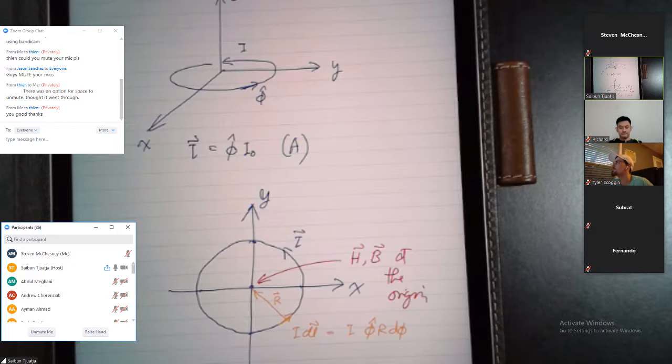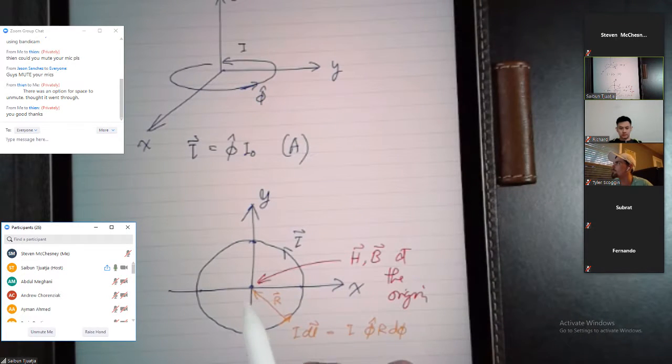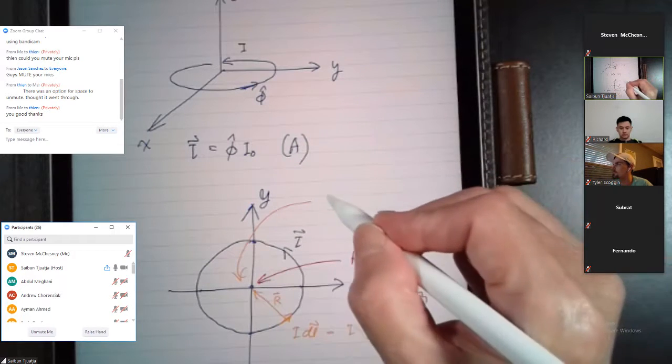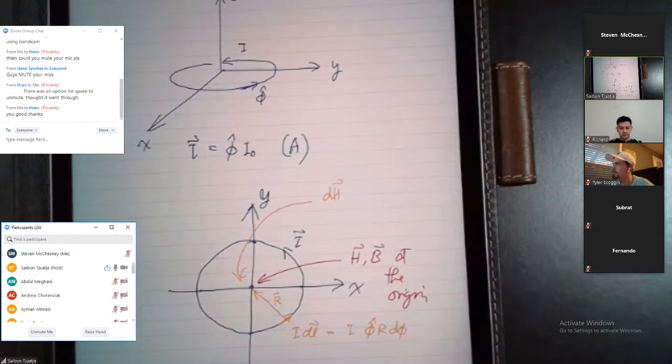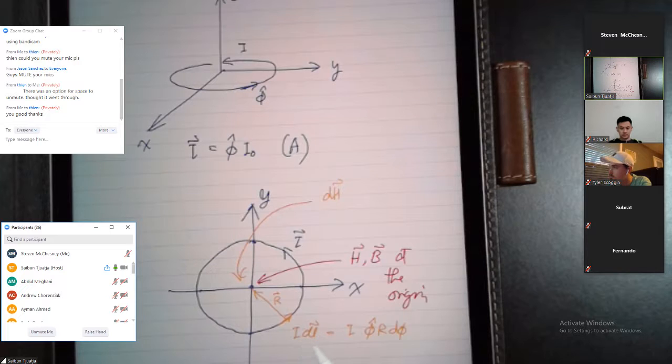Any questions? This element produces a differential dH. How does it produce dH? Well, I dl crossed with the r here, divided by 4 pi r squared. Everything is given, so I can find the contribution of this little element.